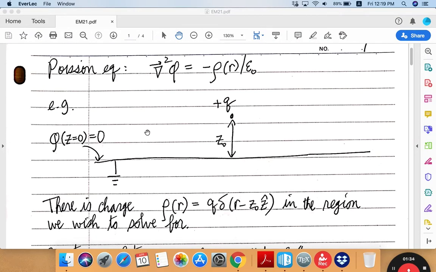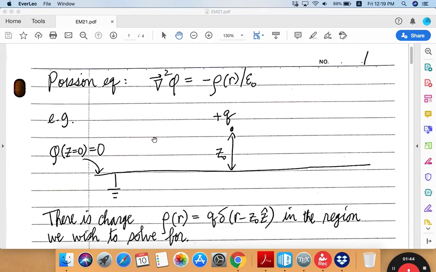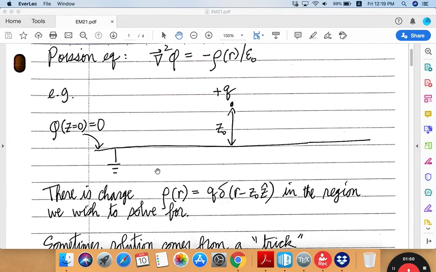Okay, and then what we want is to find out the potential distribution in the entire upper half plane, which is equivalent to saying that I want to solve this Poisson equation, assuming the charge density function that's like this. There's a delta function with a center located at the location of the charge.